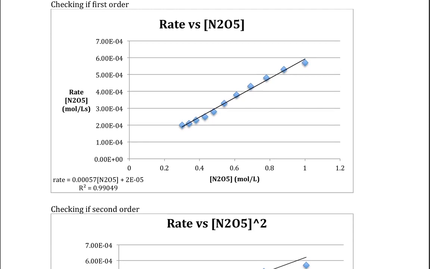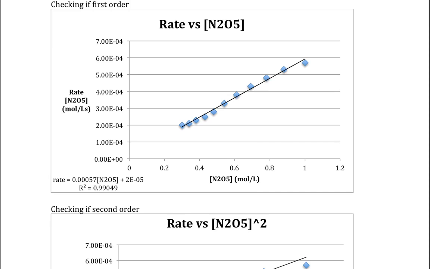Alrighty, so here is then rate versus N2O5, and what I did was I plotted the data in Excel, and then I had it do a linear fit and give a correlation coefficient. That's shown at the bottom part of the graph as r squared equals 0.99049.